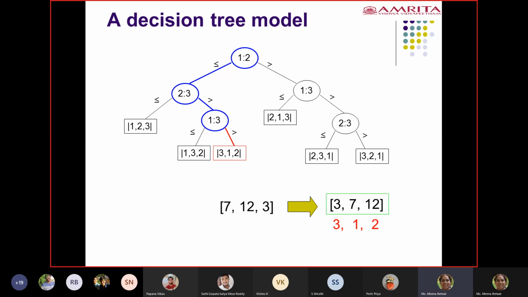The condition is that all the leaves represent one of the permutations. So let us see, did we cover all the permutations? 1 2 3, then 1 3 2. Then let's start with 2: 2 1 3, then 2 3 1. Let's start with 3: 3 1 2 and 3 2 1.